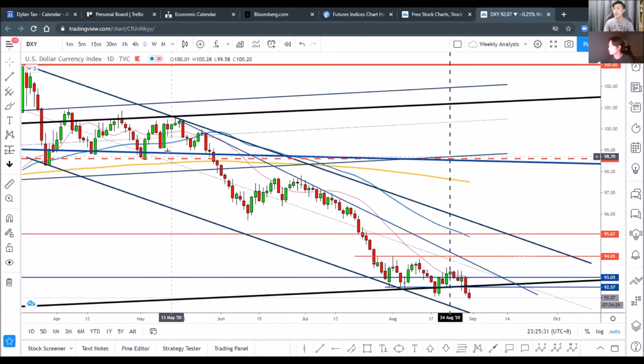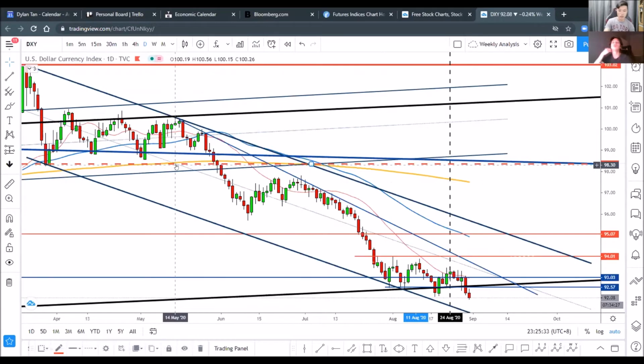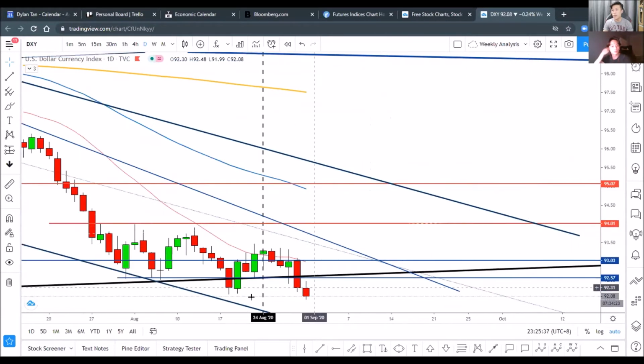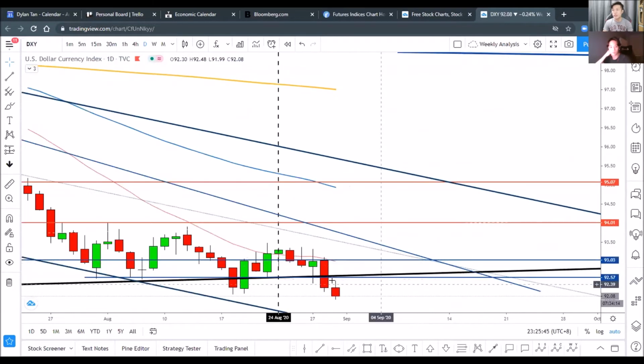But anyway, let's kick off with the dollar index. Right here is the dollar index in the day chart. What happened last week was that the dollar actually ranged at first. The volatility started to pick up. And on Thursday, we can see there was an attempt to depreciate further after Powell's speech, which reaffirms their stance on looser monetary policy.